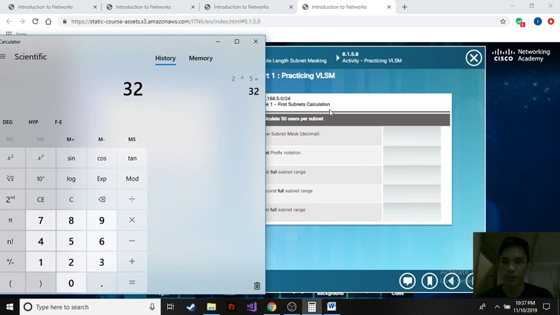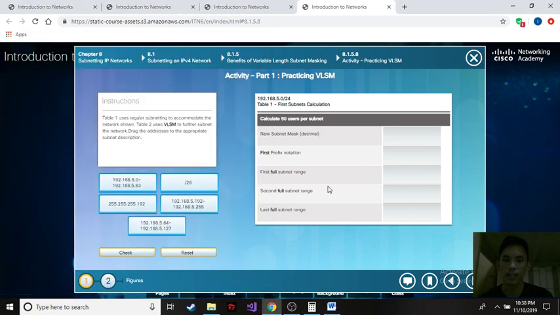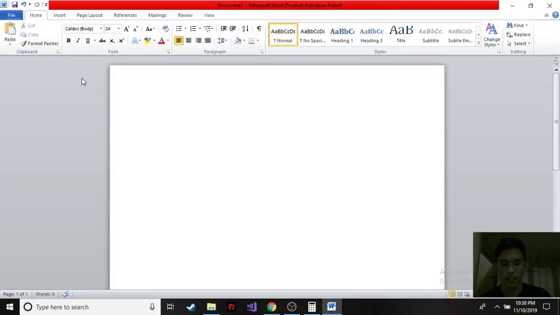So we know that we have 26 ones in the binary. 1, 2, 3, 4, 5, 6, 7, 8. 1, 2, 3, 4, 5, 6, 7, 8. And this makes 16, 17, 18, 19, 20, 21, 22, 23, 24. Then 25, 26. And the rest will be 0.